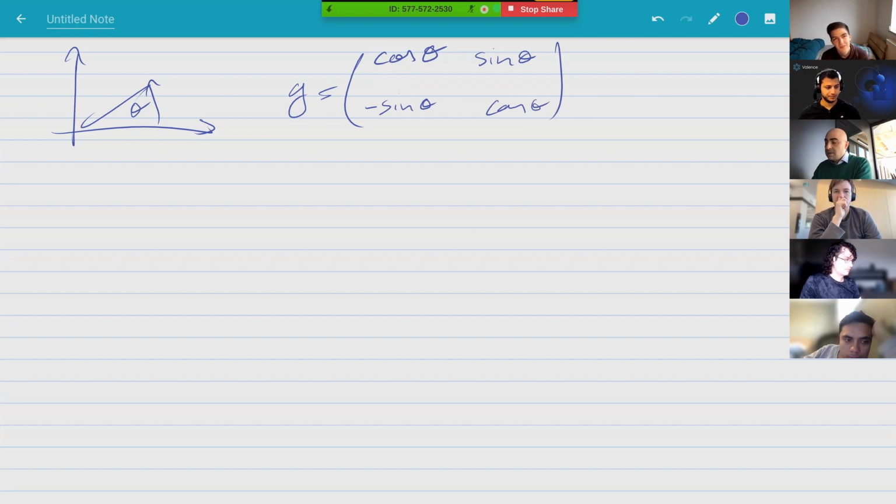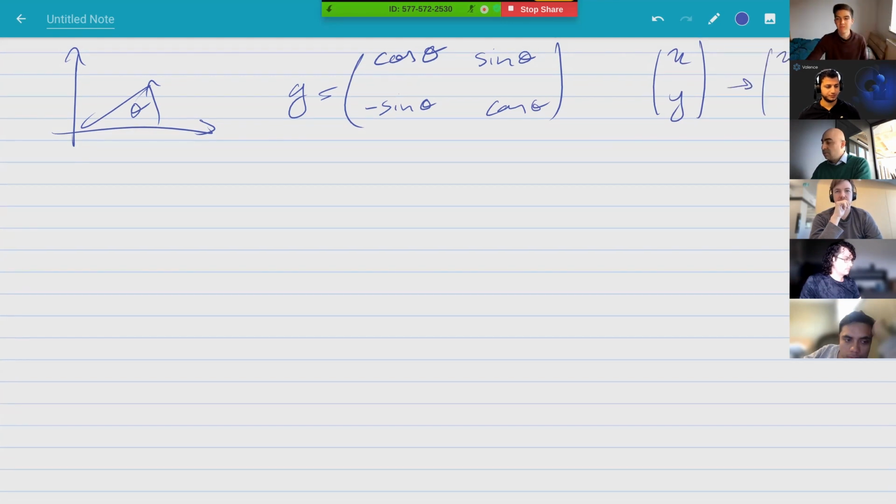If this acts on any point given by x and y, it takes you to some x prime and y prime, where these points have been rotated by an angle theta.